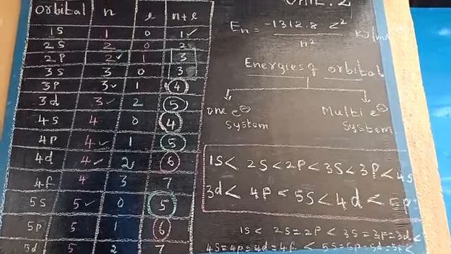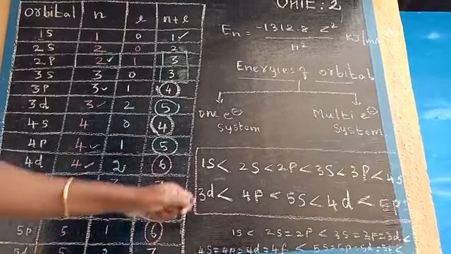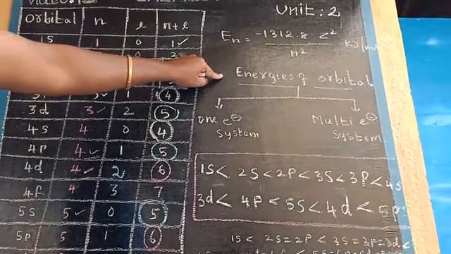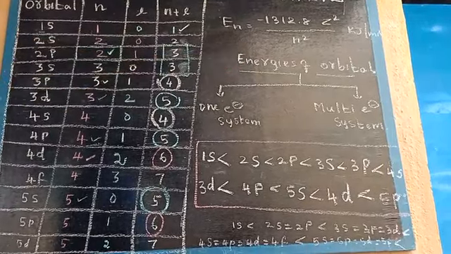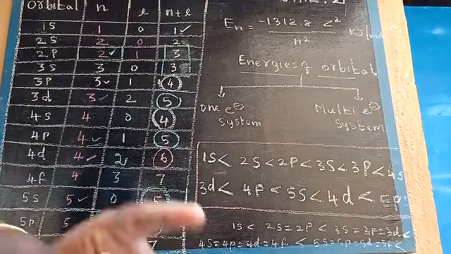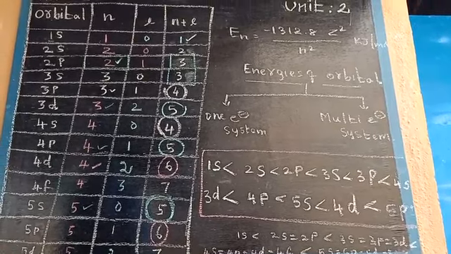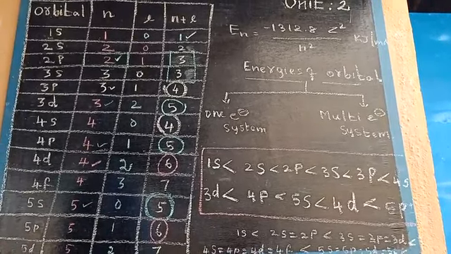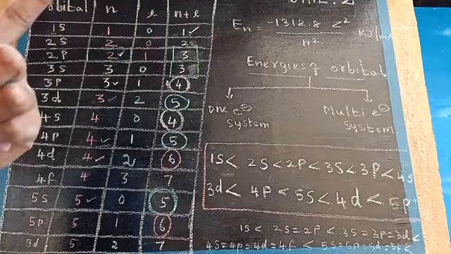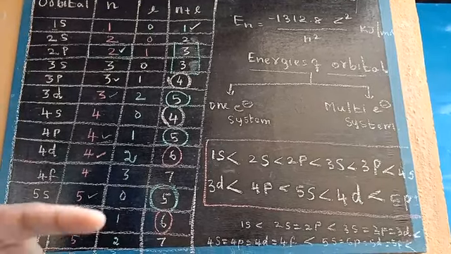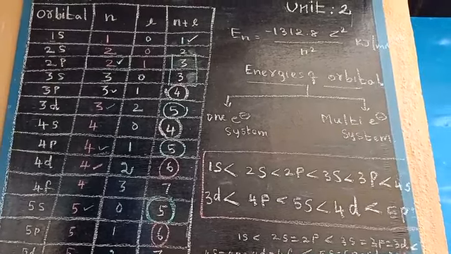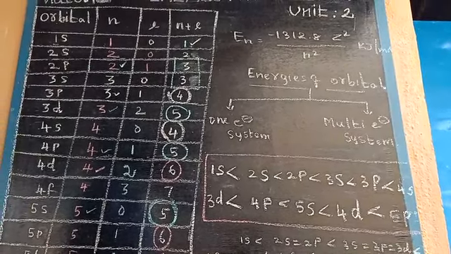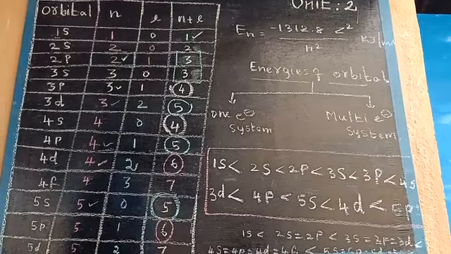We come to the end of the session. For this session, we saw the topic energies of orbitals. Orbitals, 4 types: s, p, d, f. Discuss the energy. From the nucleus, as n value, that is principal quantum number, increases, energy also increases. Keep in your mind.